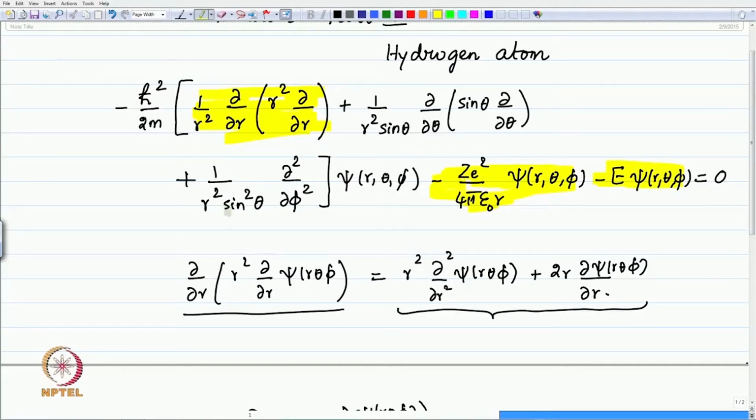When you multiply the whole equation by r square, you would see that these are the only terms which will depend on r, and the other term will have the r square removed, so they will depend on theta and phi. Therefore, you will have a differential equation in which one part of the equation depends only on one coordinate, the other part depends only on the other two coordinates, and then you can immediately realize that these two independent quantities must be separately equal to a constant which will cancel each other. Therefore, it is possible to separate this equation into independent coordinates.